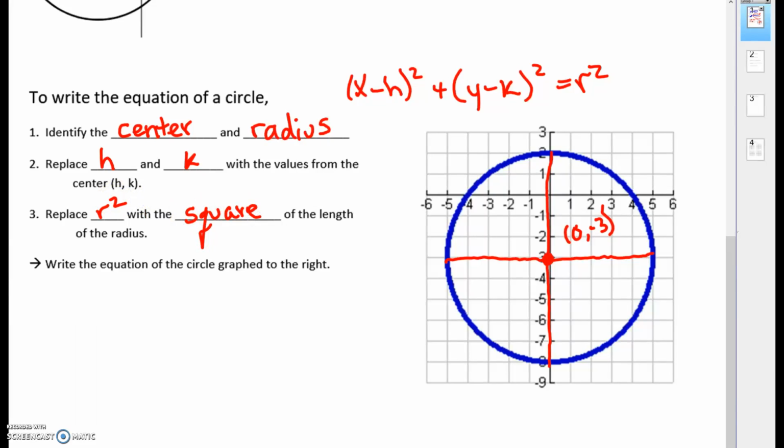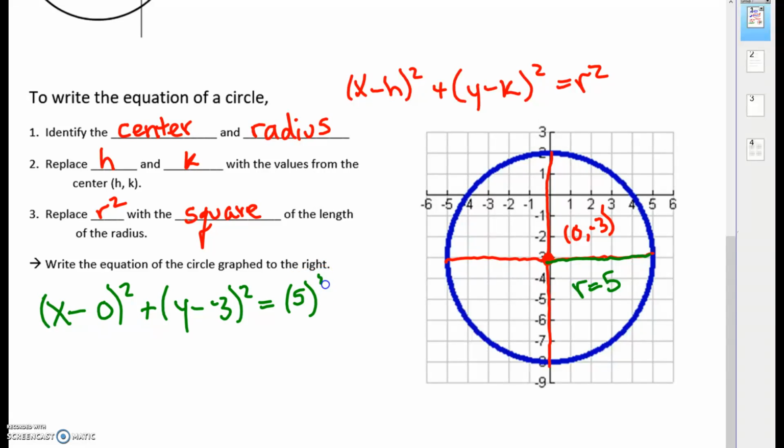So let's take a look at this. My radius here, if I'm just looking at this piece right here, it goes over 1, 2, 3, 4, 5. My radius equals 5. So my equation is going to be x minus, my h value is 0 squared, plus y minus, my k value is negative 3 squared, equals, my r value is 5 squared.